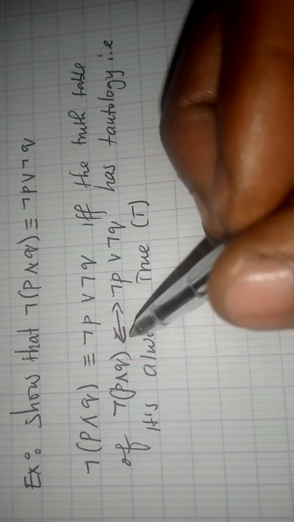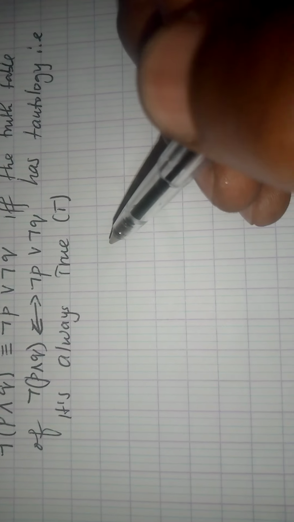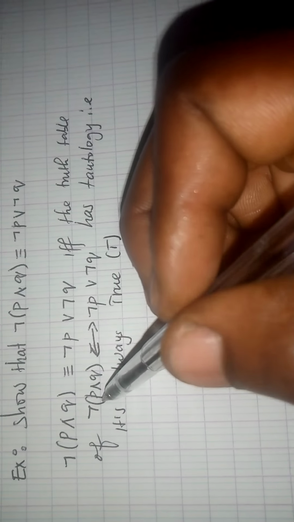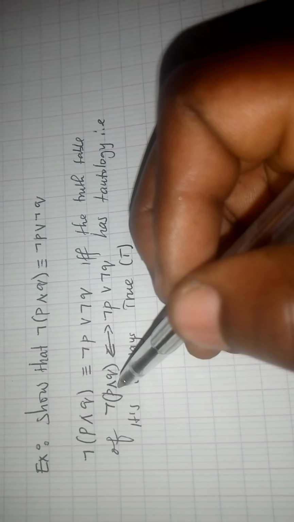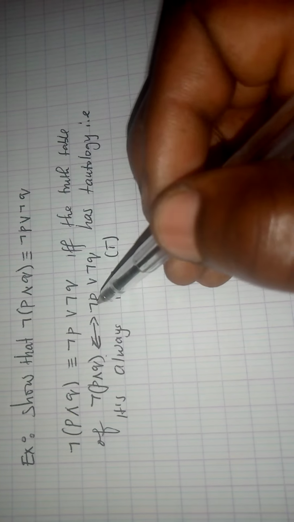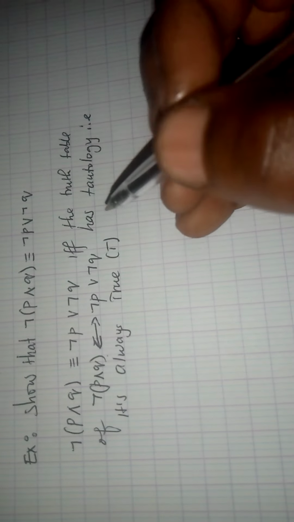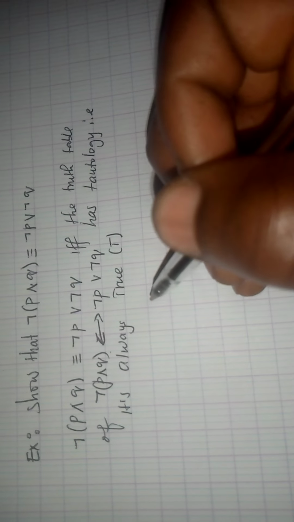Now we are going to show this by making the truth table of this: if negation of P and Q, then negation of P or negation of Q, and vice versa. So let's show them in the truth table.